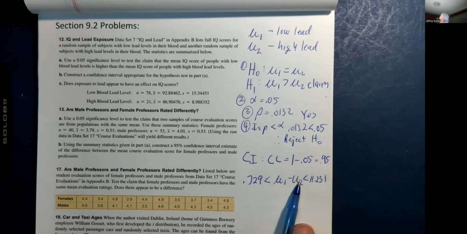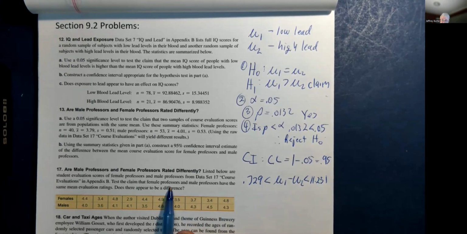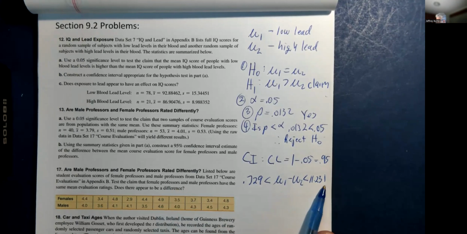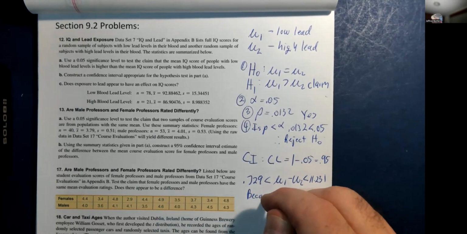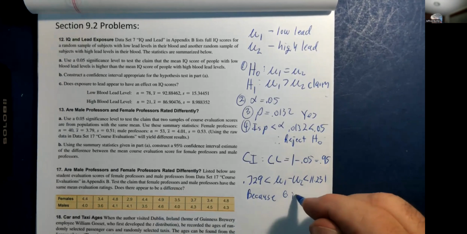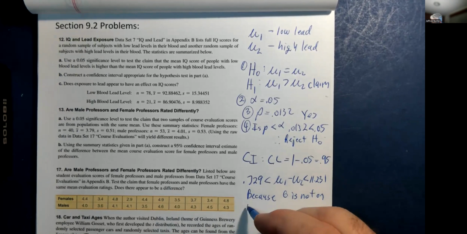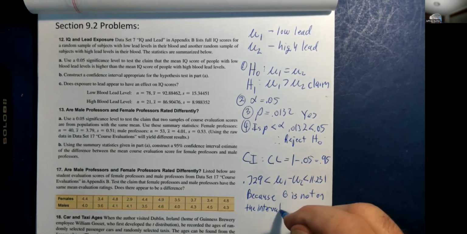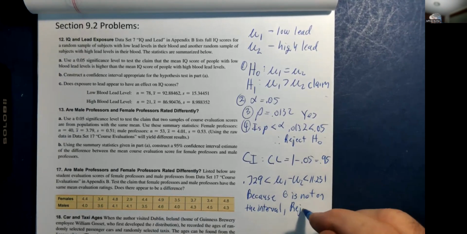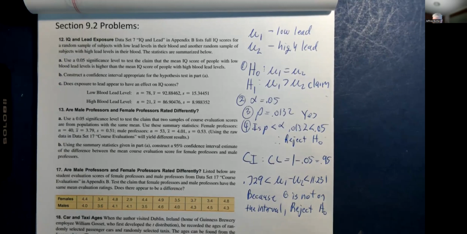What you'll notice is that this is positive and this is positive, which means 0 is not on the interval. 0 is going to be back somewhere this way, because this is positive, and because 0 is not on the interval, this would also allow us to reject the null hypothesis.